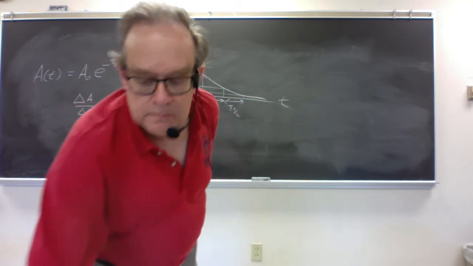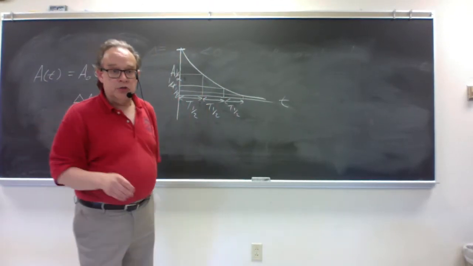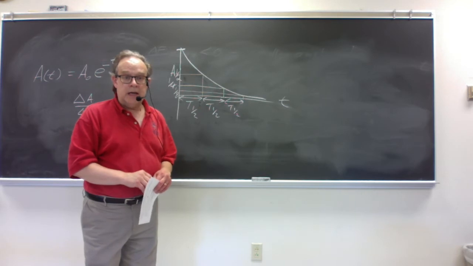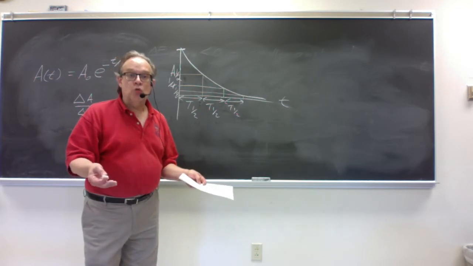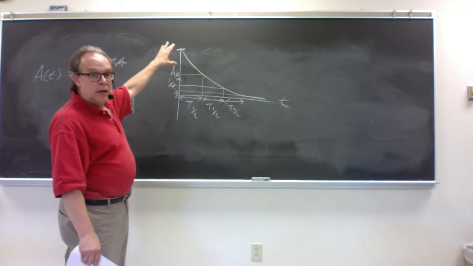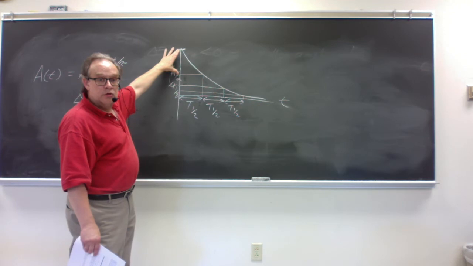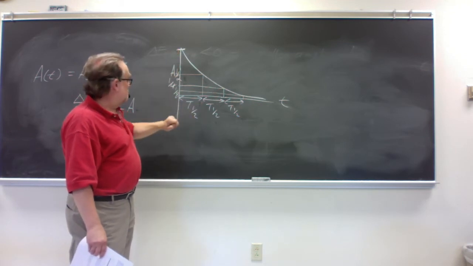So you can see that basic property of exponential decay. The rate of decay depends on how much you have. Here at the earliest times you had the most amplitude, so you had a big change during this much time.